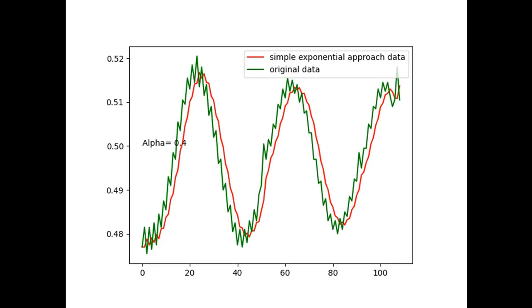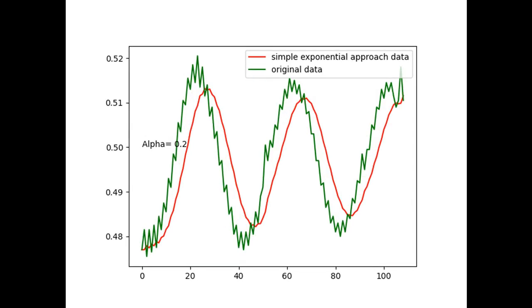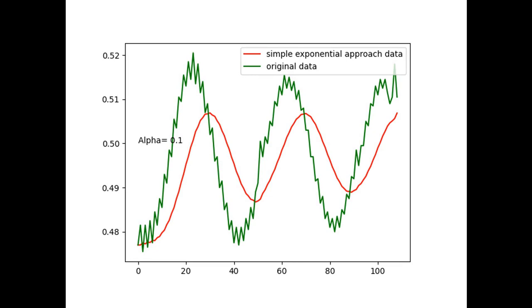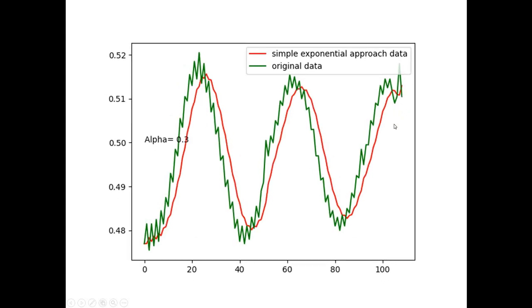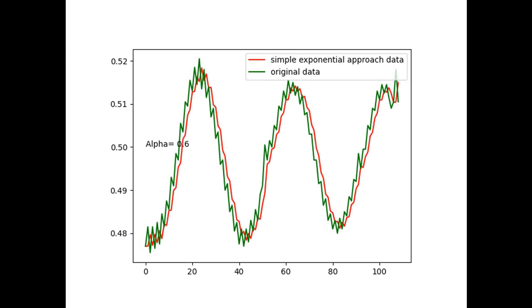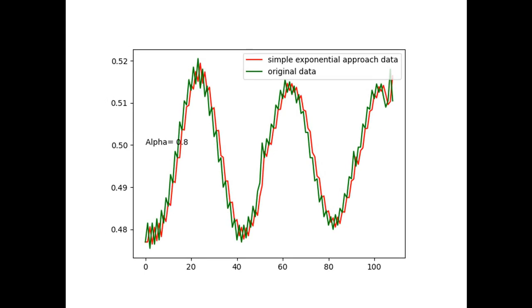As you go away from 1, the smoothed data goes away from the current moment data. Otherwise, it was coming very close. So that means alpha has to be close to 1.